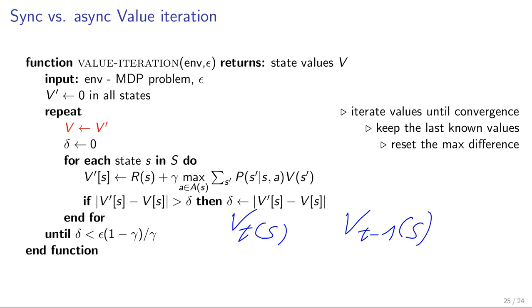So if you do it synchronously, you basically go through all the states and calculate the new values based on all the previous values. So that would be the synchronous way.